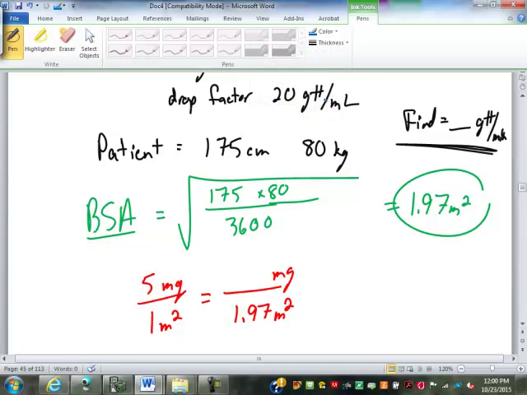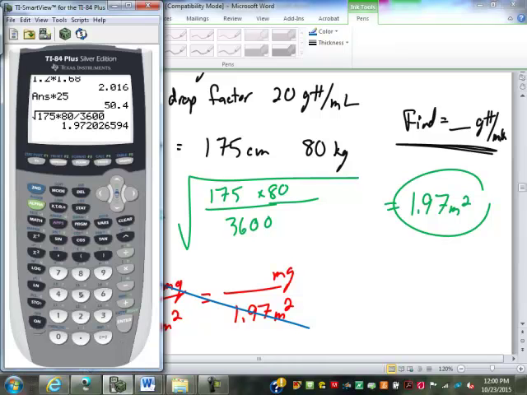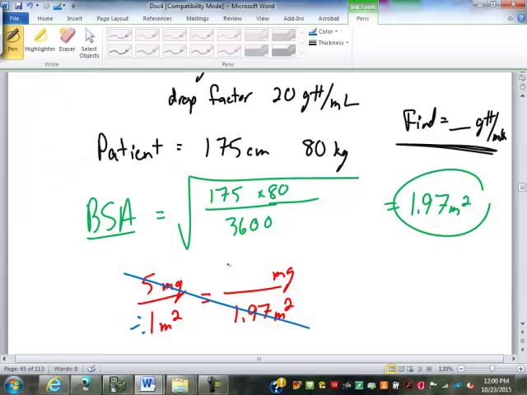So anyway, 5 milligrams times 1.97 square meters divided by 1 square meter. So just 5 times 1.97 gives us 9.85 milligrams. Now, of course, that's going to have to be converted.